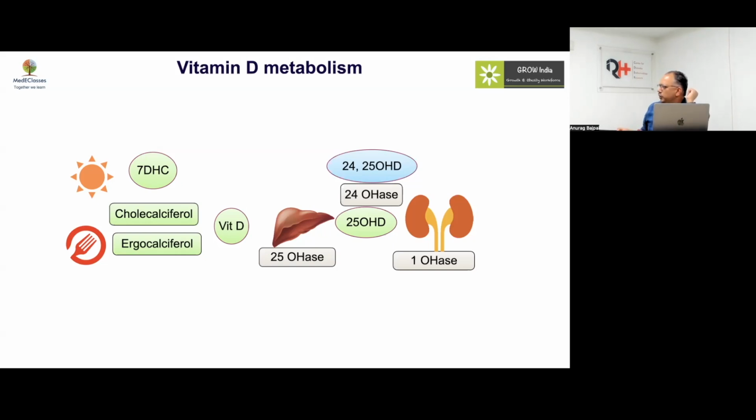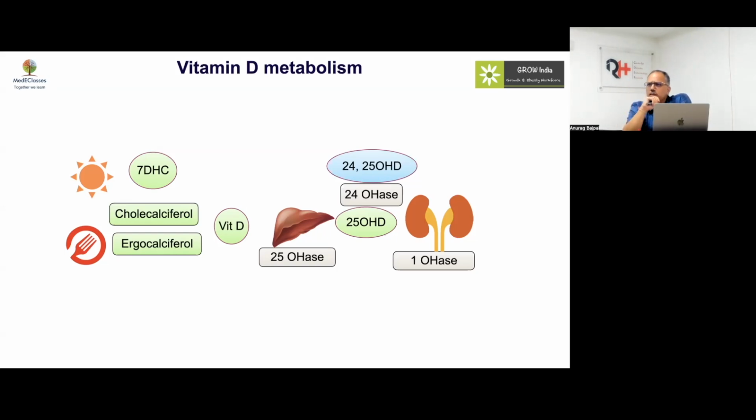Now, what about 24-hydroxylase? If you have too much 24-hydroxylase, how will it present? So your 24-hydroxylase is high, so you are losing out on vitamin D. What are the classical examples of that scenario? Various antiepileptic drugs like phenytoin and phenobarbital will present like osteomalacia and rickets.